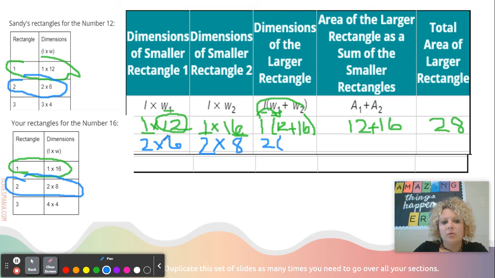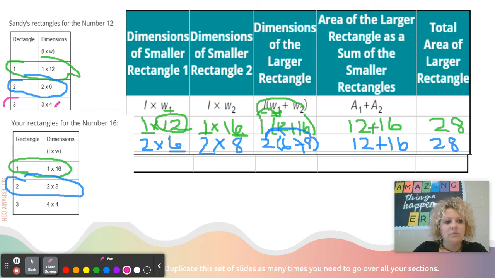And then look at our width 1, which is 6, plus our width 2, which is 8. Then we're going to distribute this. So 2 times 6 is 12, plus 2 times 8 is 16. And if you notice, it looks very similar to this top one. We combine 12 and 16, we get 28. So the combined total would be 28.